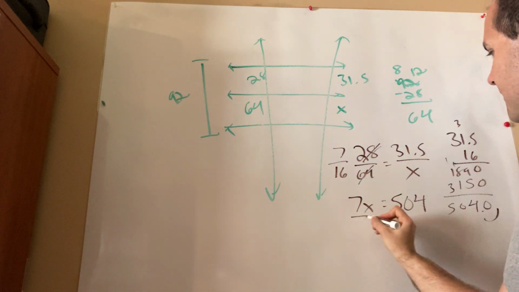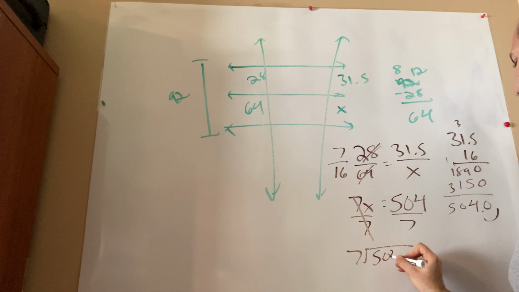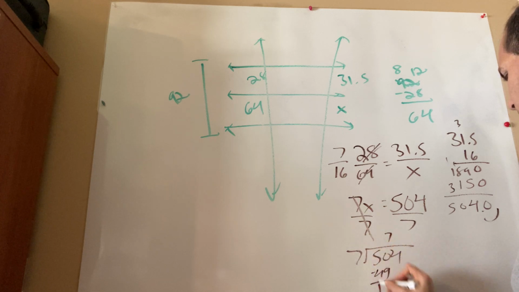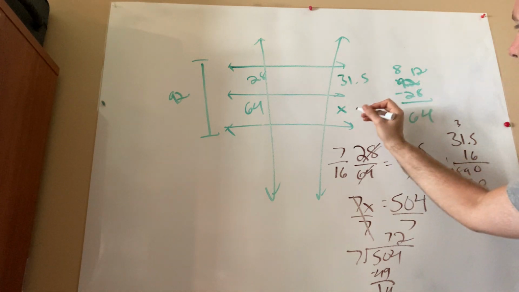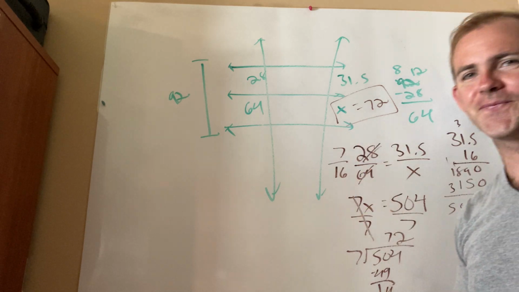Divide both sides through by 7, and let's see what I get, okay? So 7 goes into 50 7 times. 1, bring down the 4, 72. All right, so in this particular case, x equals 72.